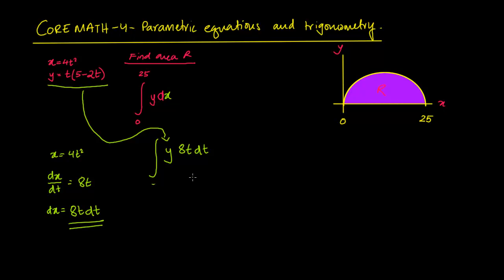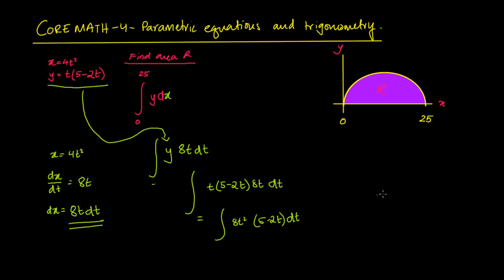We're not going to use the Cartesian equation, so the integral of t(5 minus 2t) times 8t dt is equal to the integral of 8t squared (5 minus 2t) dt.